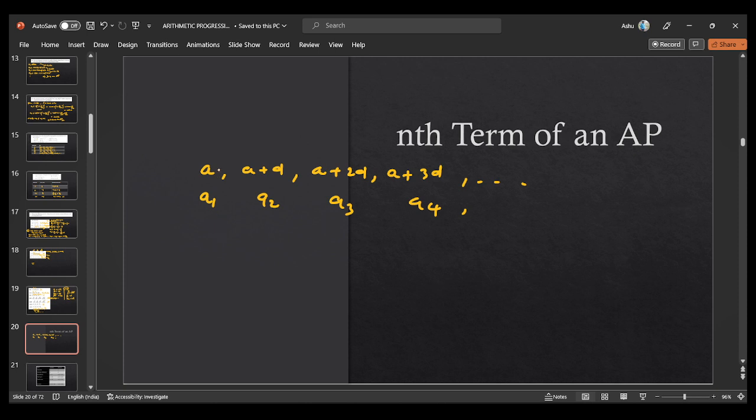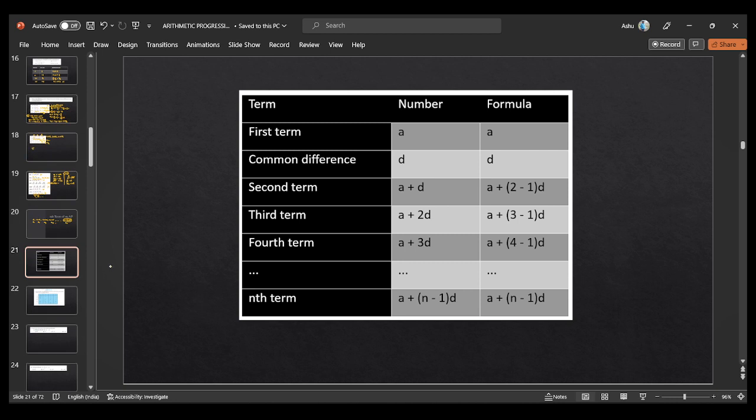Here 1, here 0, here 2, here 1, here 3, here 2, here 4, here 3. So if here is an, then here will be n minus 1 into d. Clear? This is the nth term of an AP. Here the first term is a, the common difference is d, a plus d we can write as a plus 2 minus 1 into d, a plus 2d, a plus 3 minus 1 into d, so a plus n minus 1 into d is the nth term.